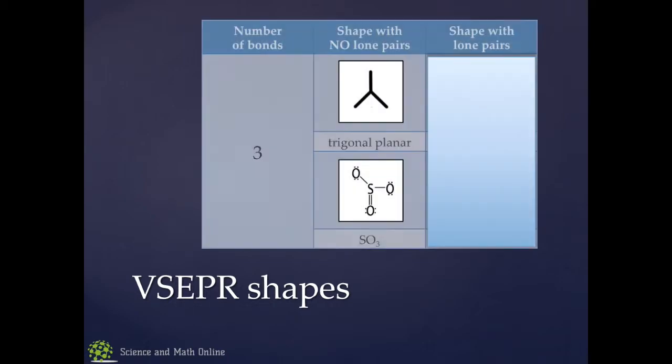All right, next one. If I have 3 bonds with no lone pairs, then I get what's called trigonal planar as my shape. And what's going on there, as the name implies, they're all flat in a plane. So this is perfectly flat in a plane, and it is what we call trigonal, meaning it forms 3.